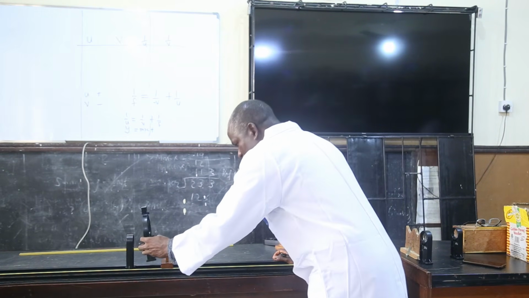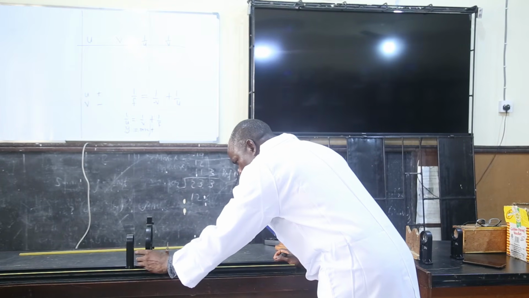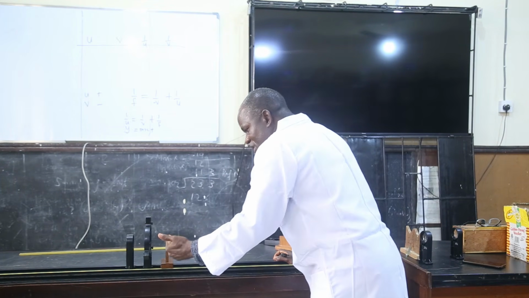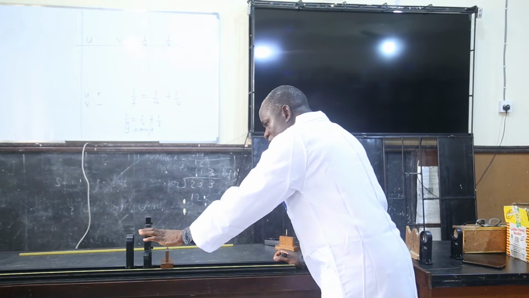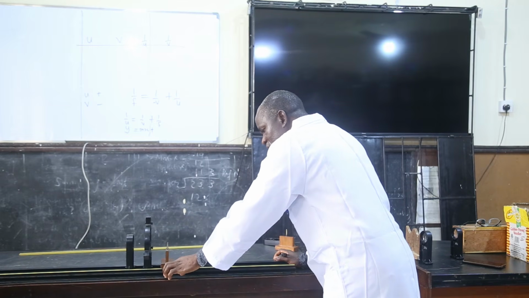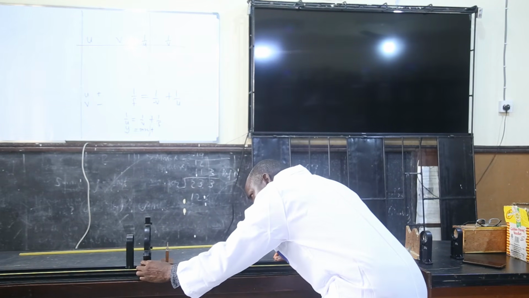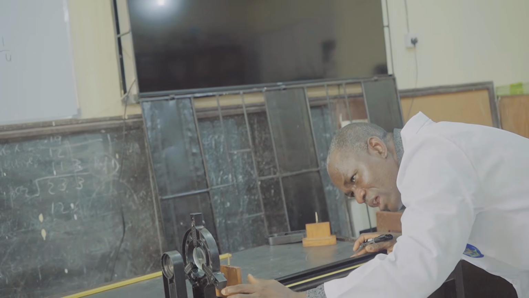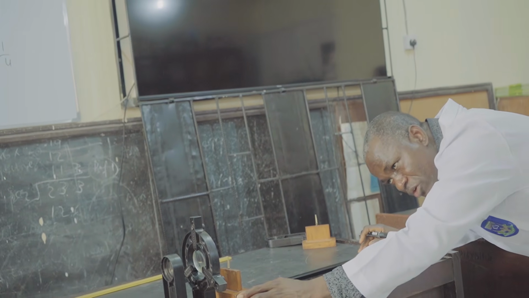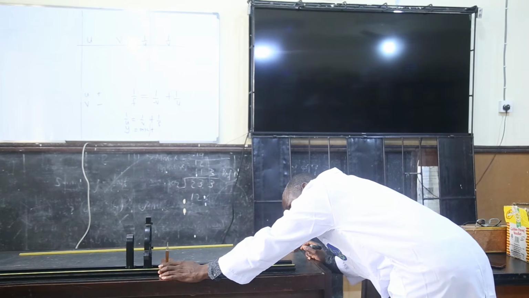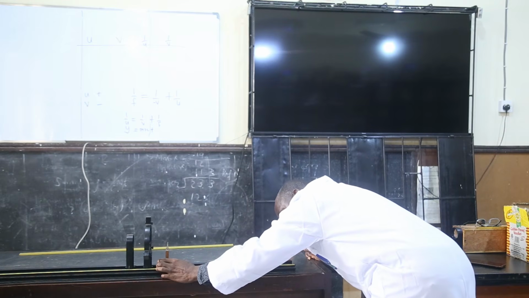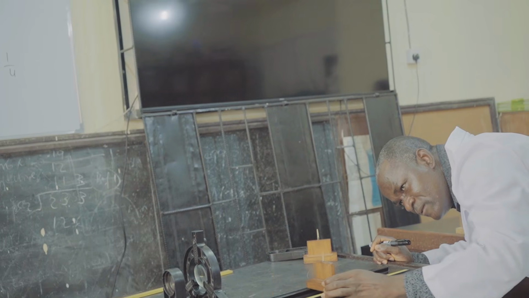Let me try and do that now. And ensure that for this experiment, the position of this lens will not go beyond C. So I have this value this way. Now I need to take this far away because the image I can see now is just an upright image. So I need to move this far away.